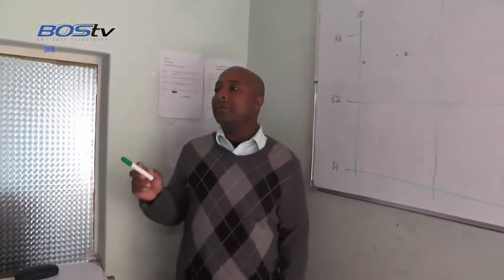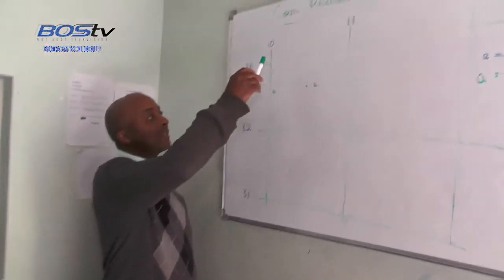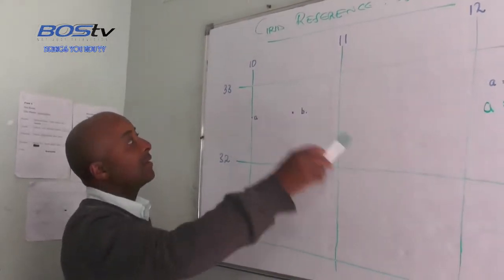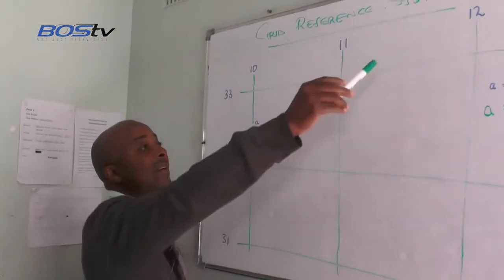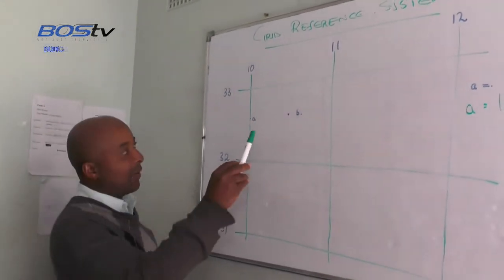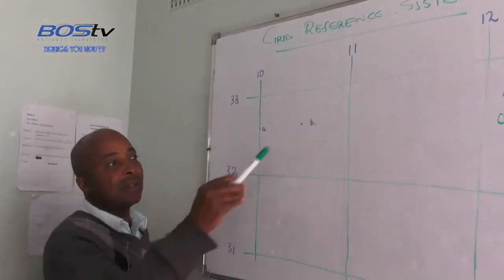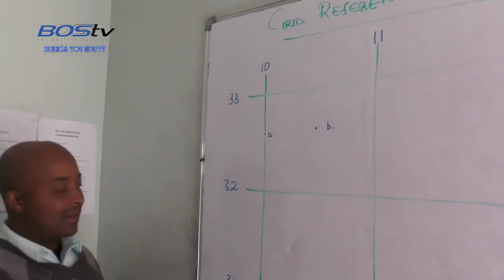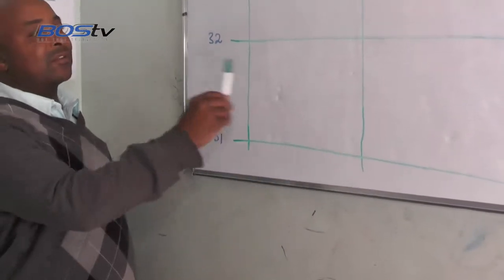Just to clarify what you are saying, when you are locating A, the first thing that you have to do is find the easting first. And eastings, like you said, are the vertical lines. That one is number 10, that one is number 11, that one is number 12, isn't it? So our A lies right on 10, so we take that 10. Then the northings are the horizontal lines.